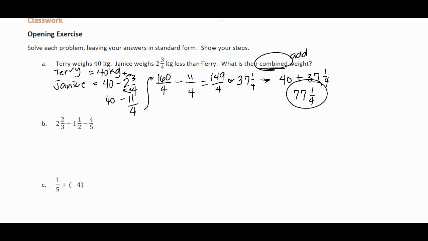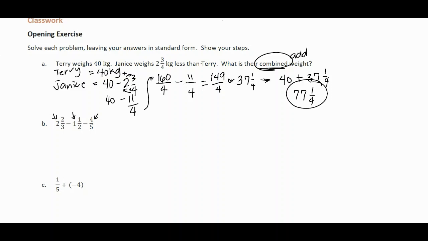Next, this one, 2 and 2/3 minus 1 and 1/2 minus 4/5. As you can see, we were given mixed numbers and then a proper fraction. The easiest way that we can possibly do this is to change the mixed fractions into improper fractions.